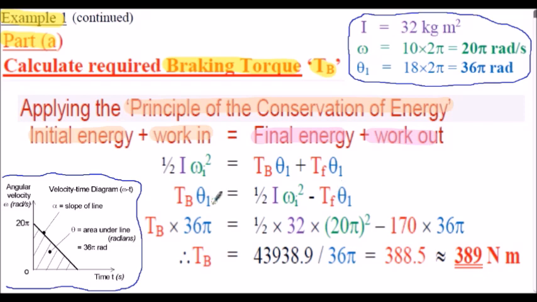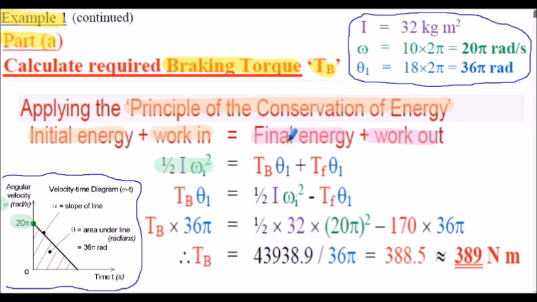So from the velocity time diagram, the initial energy relates to the shaft's rotary motion. We know it has an angular velocity omega of 20 pi radians per second. So therefore it will have kinetic energy of rotation. There's no work into the system here because the shaft is not being accelerated. So it's just the one energy term on the left hand side of the equation.